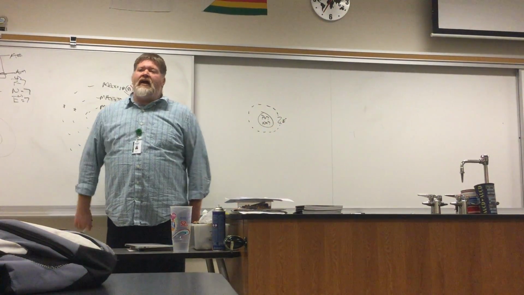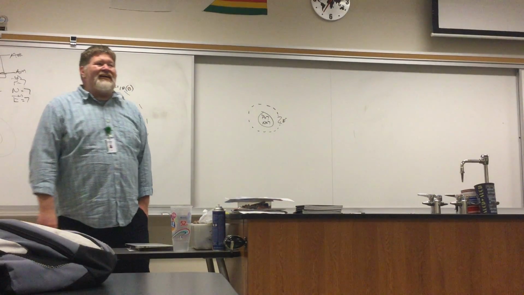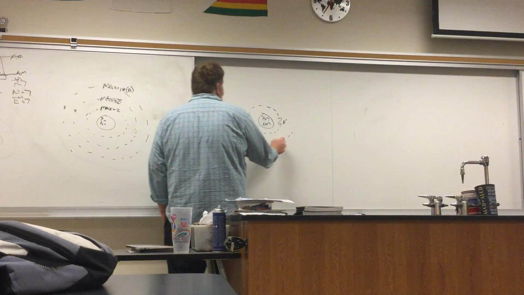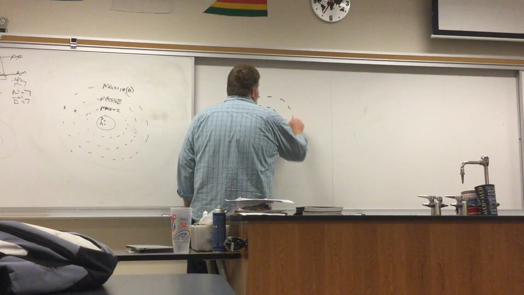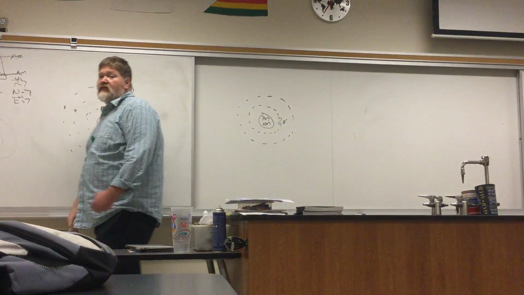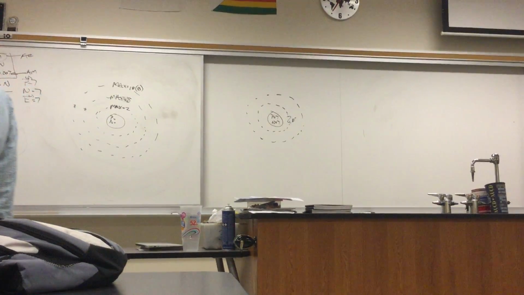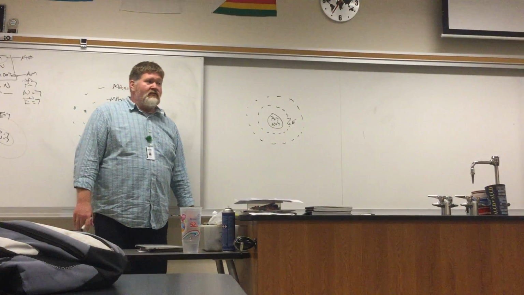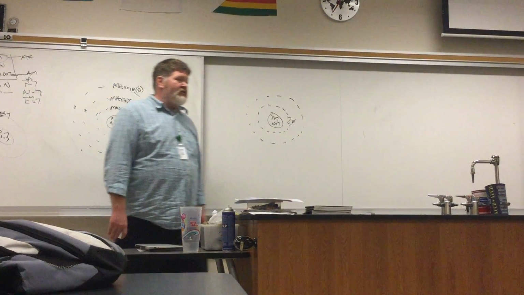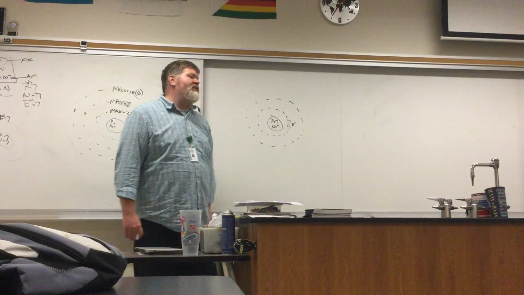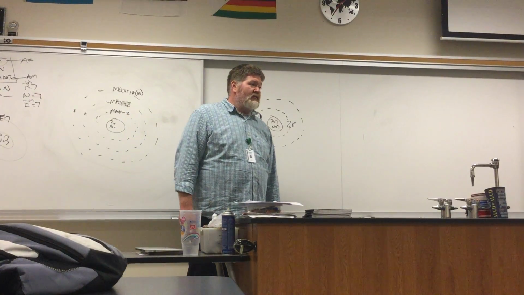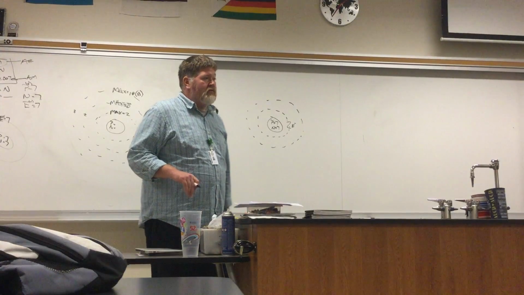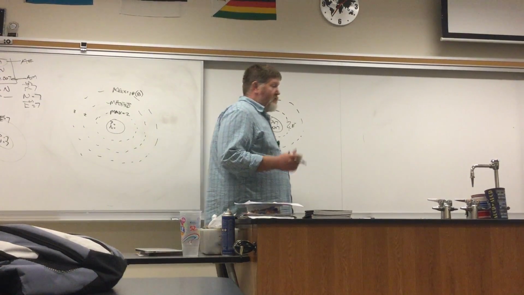Am I done drawing my atom? Not yet. Why not? Because you have to make the other energy level. I need to make a second energy level to get the rest of your electrons on the atom. Because I still have how many electrons? I still got 5 left. How many can fit in the second energy level? 8.